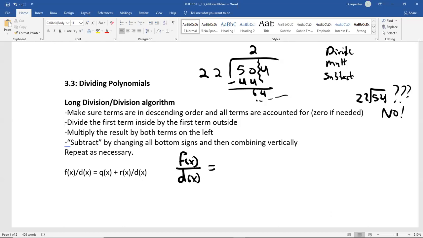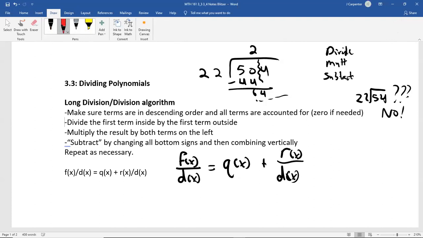The answer is always going to be the quotient, q for quotient, plus r for remainder, and the remainder can be a function. It's usually a number, but it can be a function, over the original denominator. So again, that is quotient plus the remainder over the original denominator.